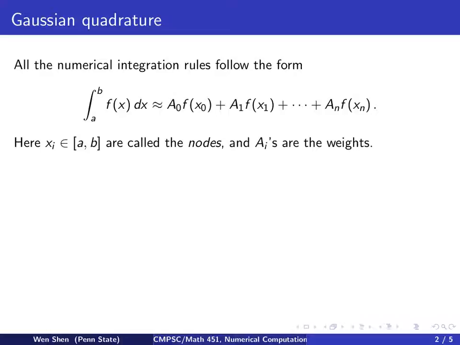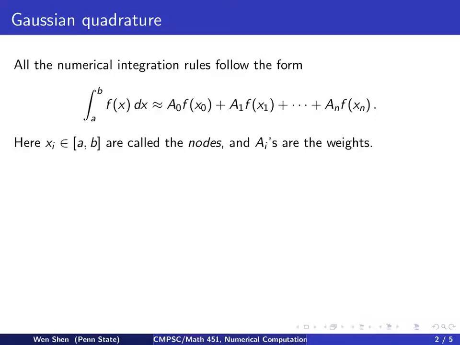Let's say [a, b] is a subinterval. On the subinterval, locally, the integral is approximated by the following. That is, there is a set of points x_i, so x0, x1 to xn, and there is a set of coefficients a0, a1, all the way to an.